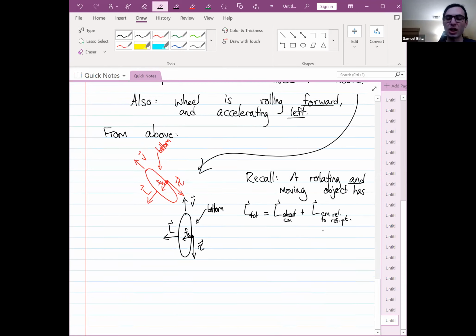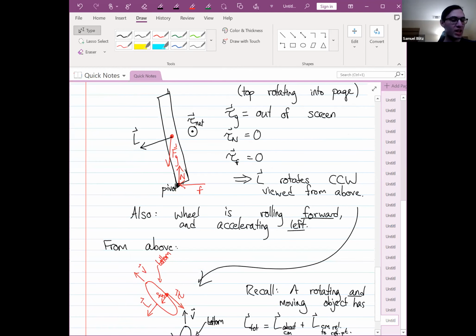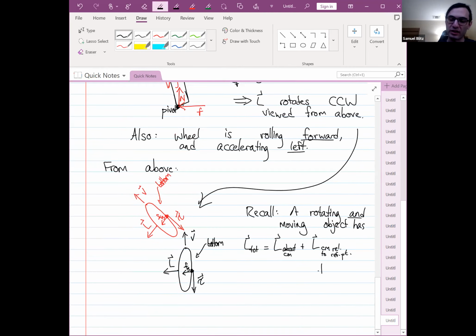So what about the angular momentum of the center of mass's motion? Well, let's go back up to this picture. The vector r points from the pivot to the center of mass. Remember, this is r_CM cross p_CM. So r is the vector from the pivot to the center of mass, and p_CM is the momentum of the center of mass.